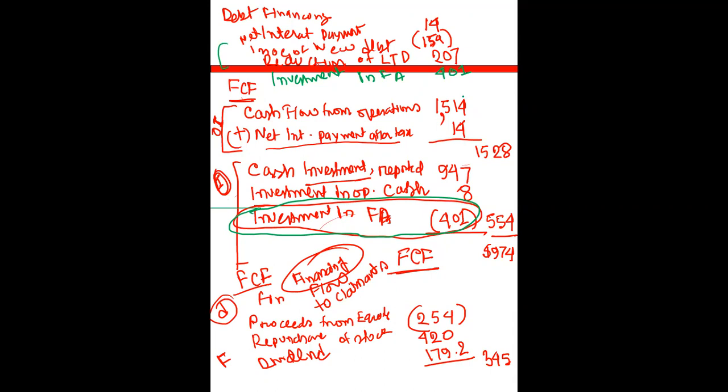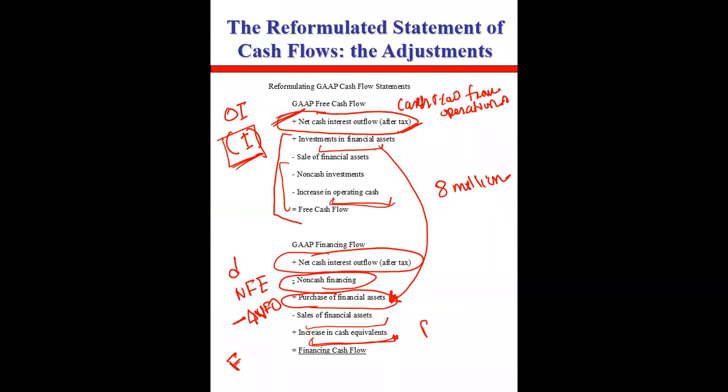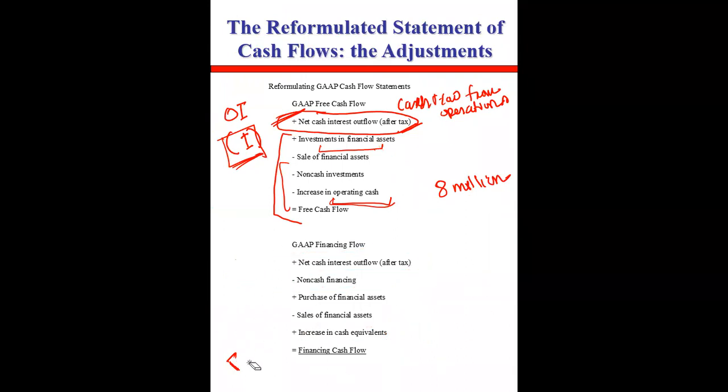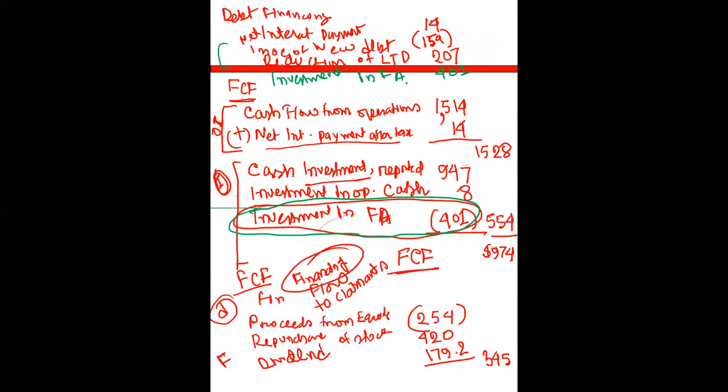So that's why we are adding here. So someone has asked from me that why we are adding the investment in financial asset here. You get the answer. That is the reason that why we are adding it. Okay. So 401. Next.